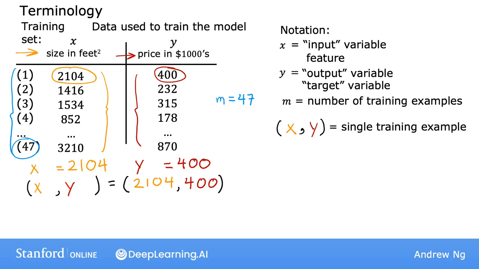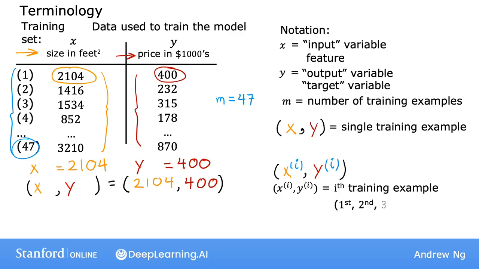So to refer to a specific training example, this will correspond to a specific row in this table on the left. I'm going to use the notation x superscript (i), comma, y superscript (i). The superscript tells us that this is the ith training example, such as the first, second, or third, up to the 47th training example. i here refers to a specific row in the table.